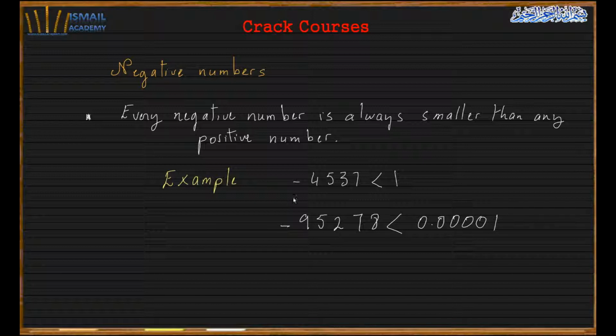You see, any negative number is smaller than the smallest positive number. Keep in mind, if you have a negative and a positive, the positive is always the greater.